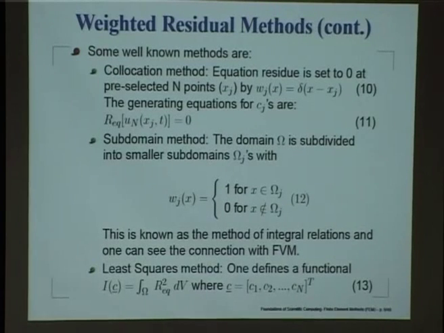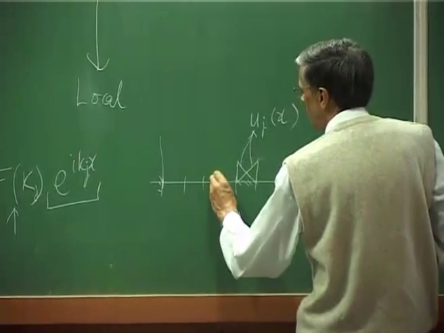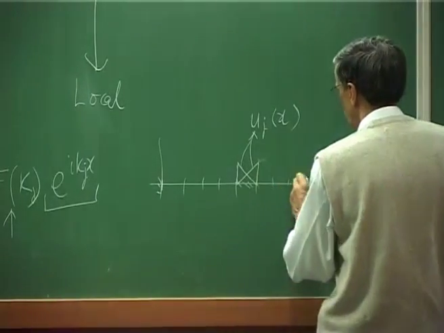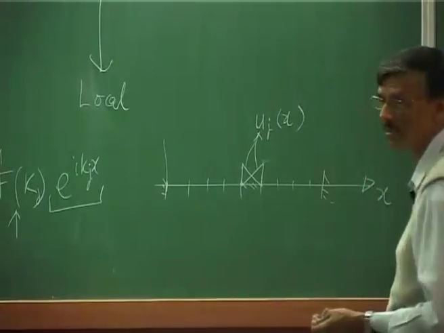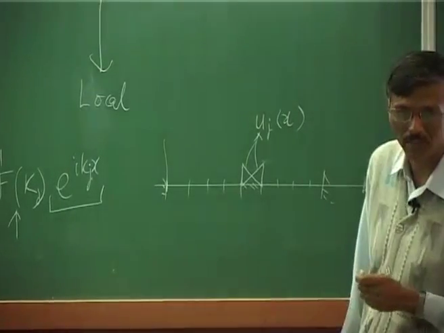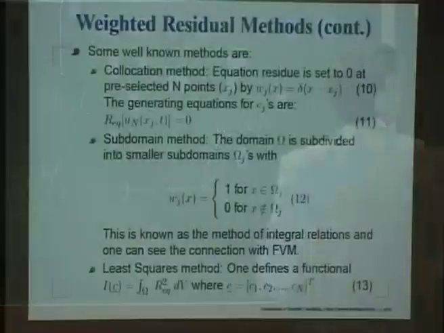The first such method is the collocation method. Collocation method implies that, let's say I have the domain like this, and then I have discrete nodes like this, and I decide to satisfy this differential equation at discrete points. Those points are called the collocation points.